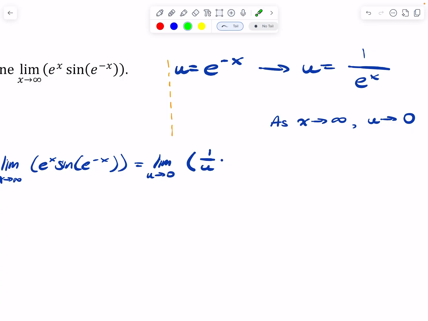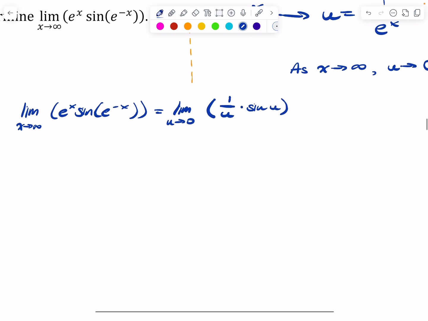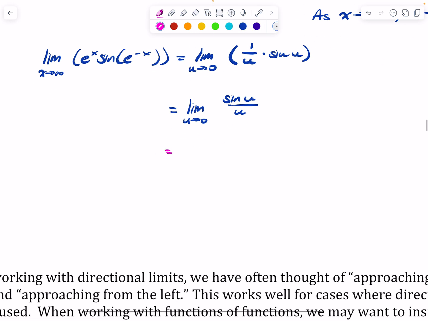And sine of e to the negative x is going to be sine of u. So this is then the limit as u approaches 0 for sine u over u. And oh, we know that one. We're so familiar with it now, ever since the last page.